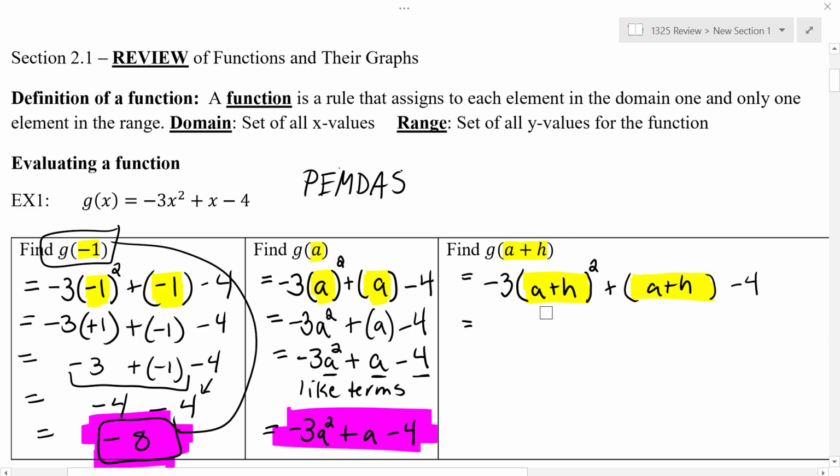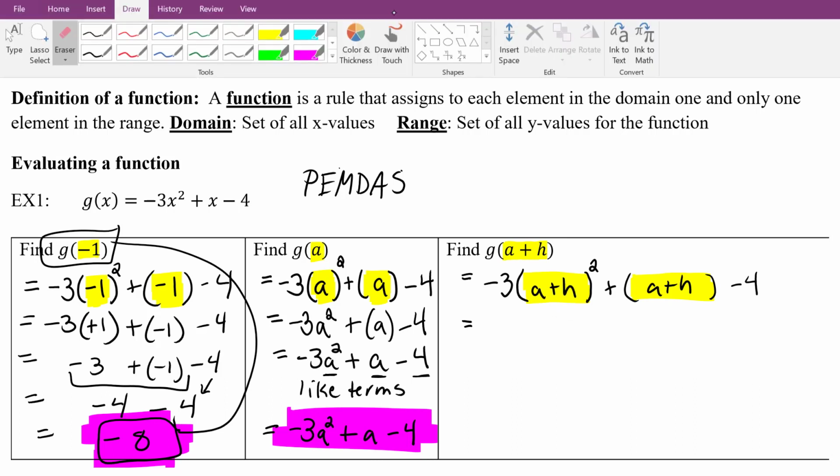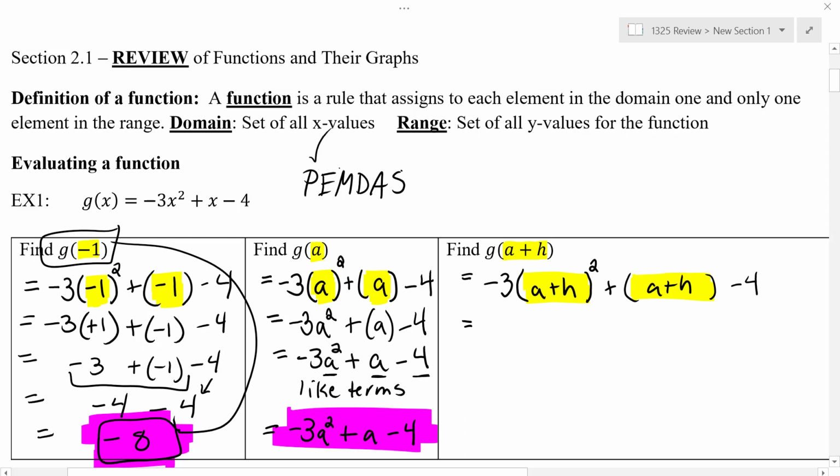But here we have two different variables, a and h, so those are not like terms, and so they cannot be combined within the parentheses. Okay, so we've checked that. Do we have exponents? Yes, we do. So we have a plus h in parentheses quantity squared. So we actually have something to do in that step.